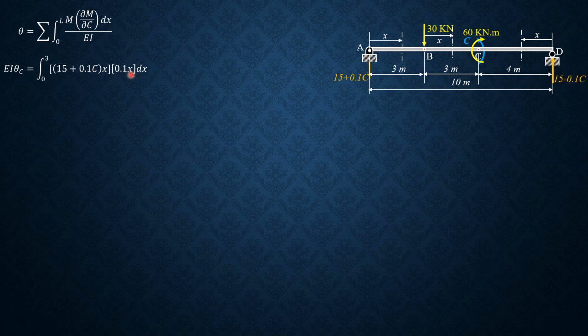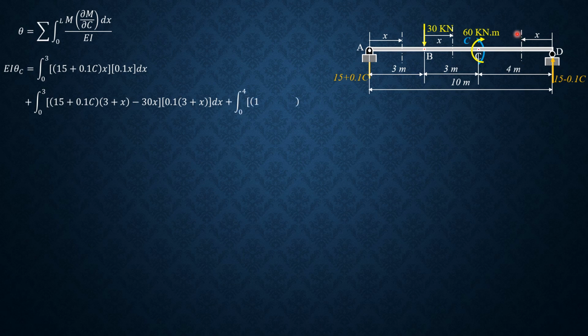So 0.1x dx plus, in this section, the moment is quantity 15 plus 0.1 C of 3 plus x minus 30x. And the partial derivative of this with respect to the couple is 0.1 times 3 plus x. Then in this section here, the moment is quantity 15 minus 0.1 C times x.